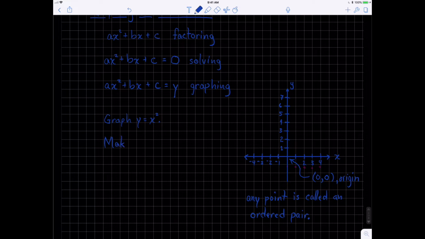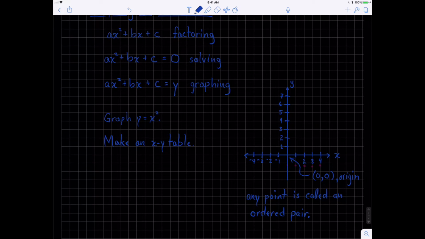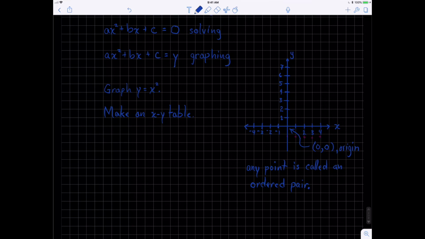You might hear it called making an XY table. It's a good way to keep track. So we'll make a table. We'll have x values and y values. And what we do is we just start picking values.